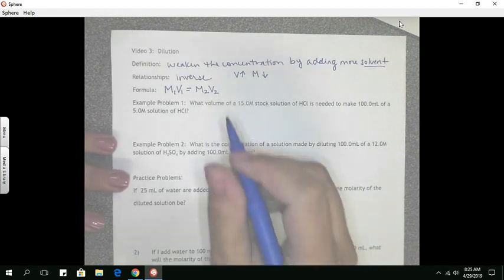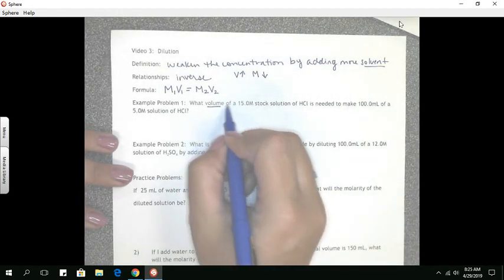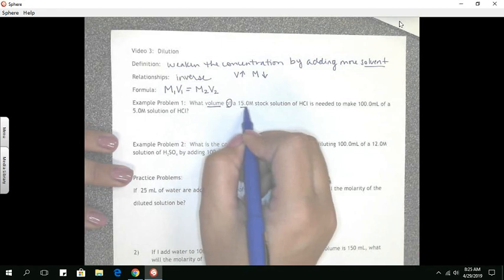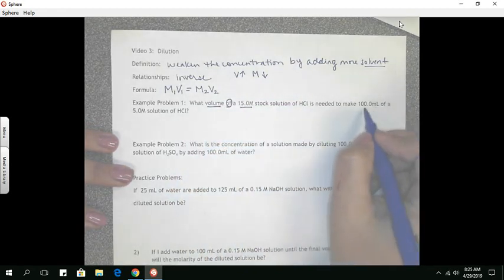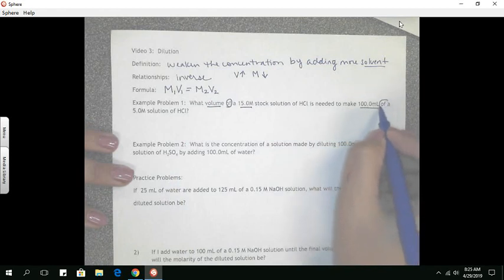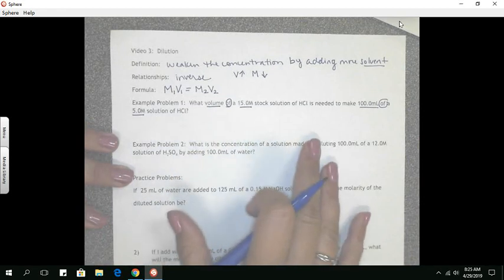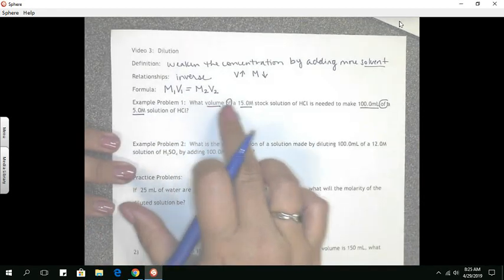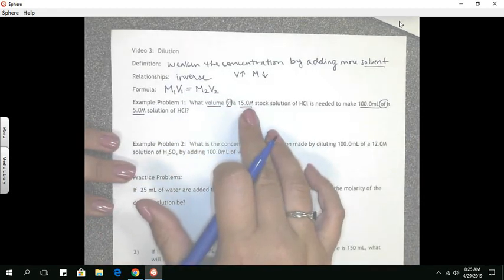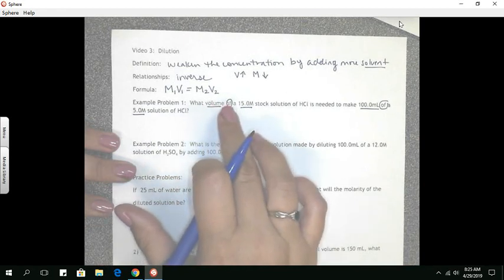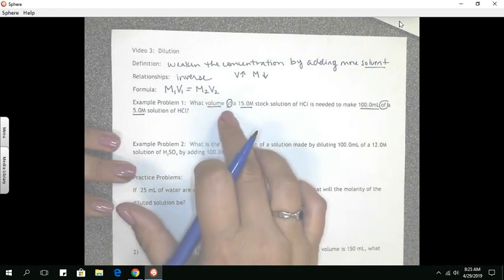Let's look at this problem. It says, what volume of a 15 molar stock solution of hydrochloric acid is needed to make 100 milliliters of 5 molar solution? Now in these problems, that word "of" connects our variables together. Again, if you recall from math class, "of" means to multiply.